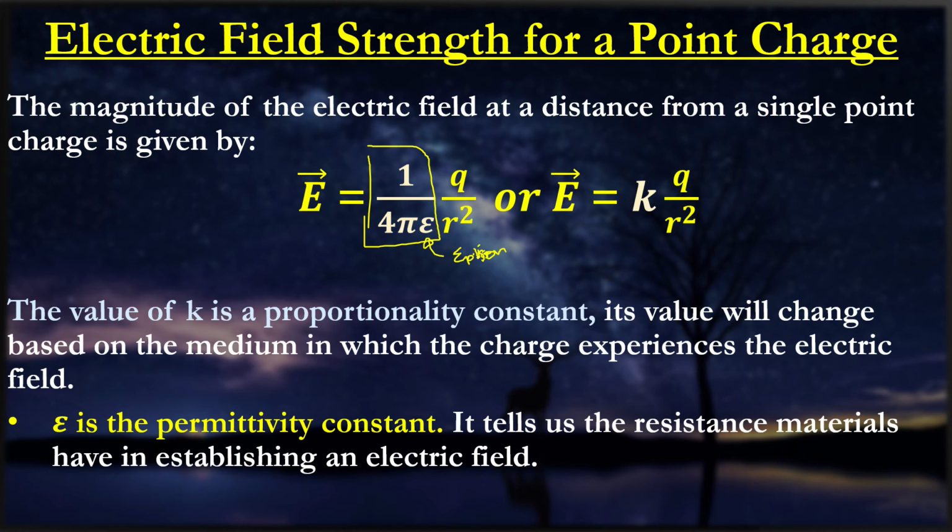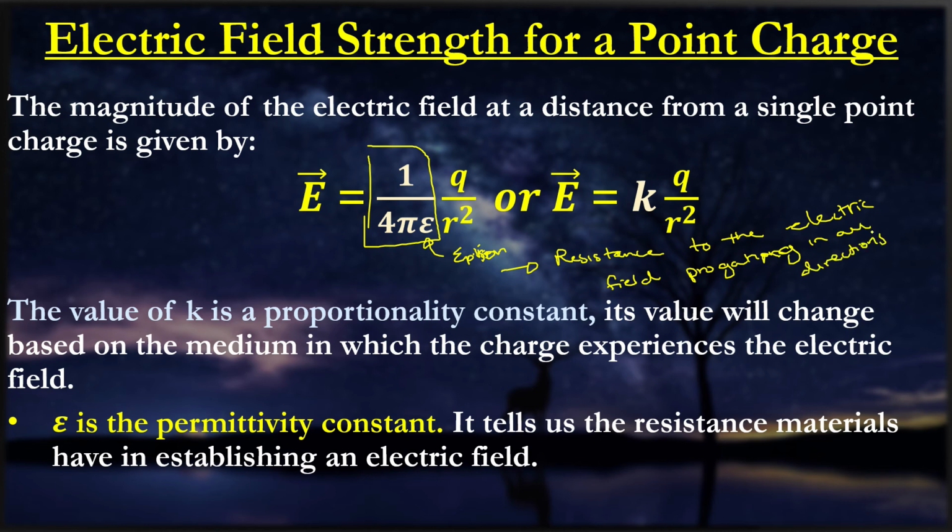Epsilon there. What this basically tells us is you can think of this symbol as the resistance to the electric field generated. Every field, when it's generated, will also experience some kind of resistance opposing it from propagating in all directions.